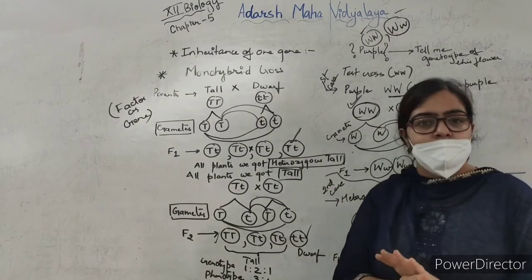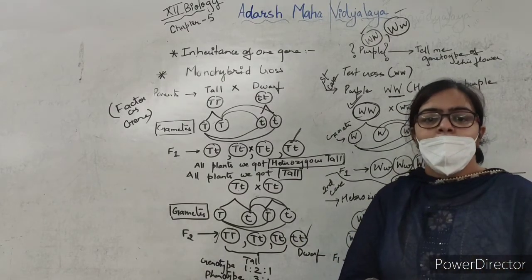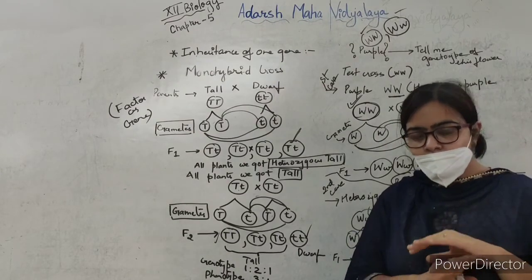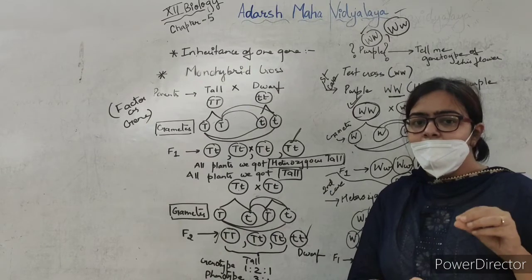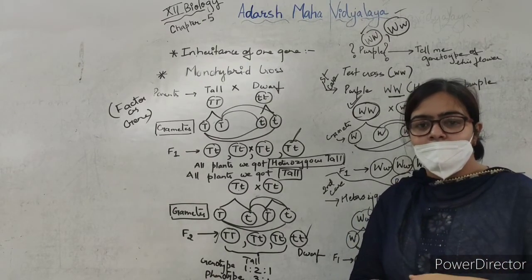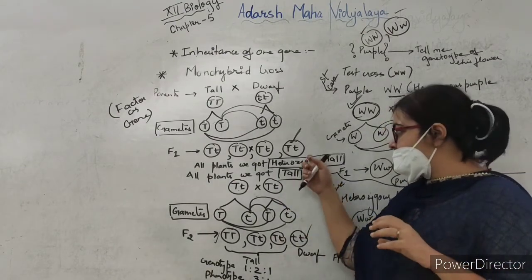So there is no mixing of these characters. The alleles do not show any blending and both the characters are recovered as such in the F2 generation, though one of these is not seen in the F1 stage.